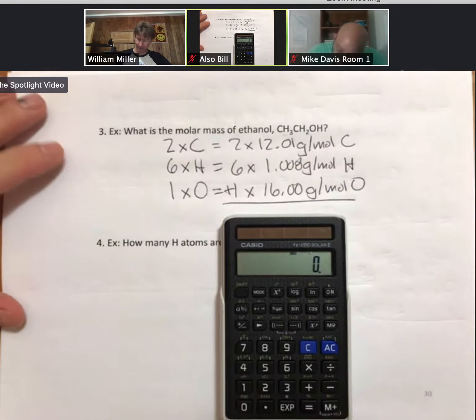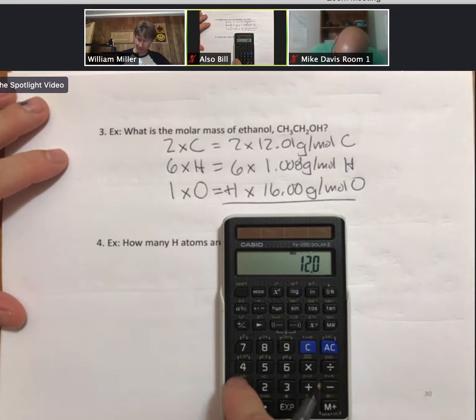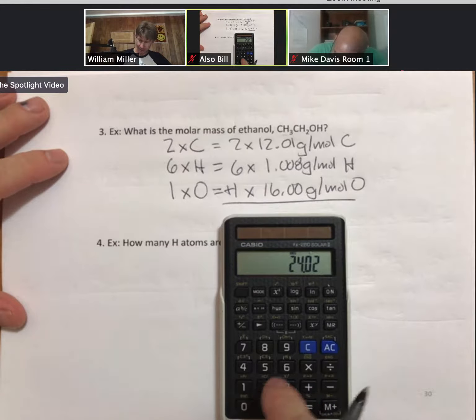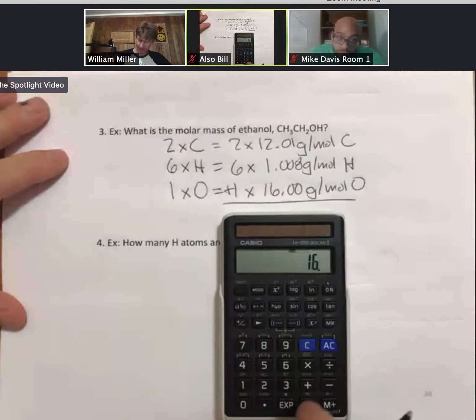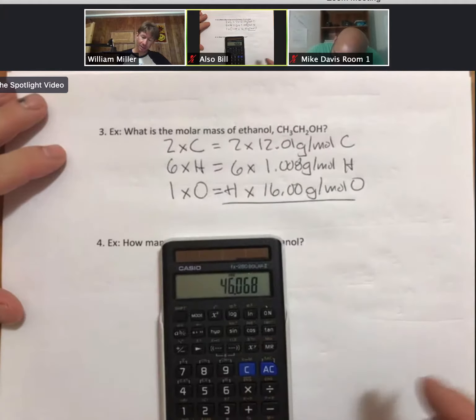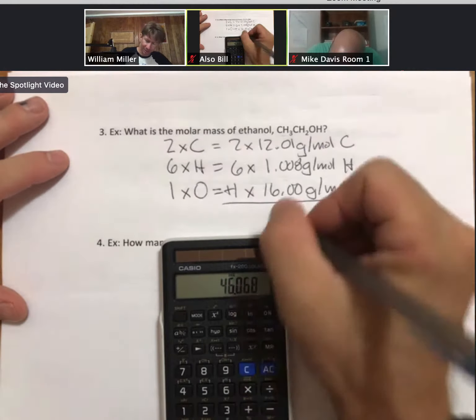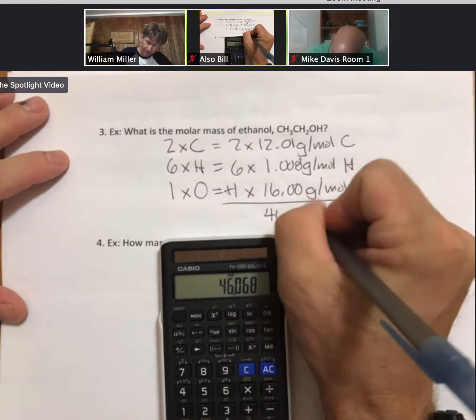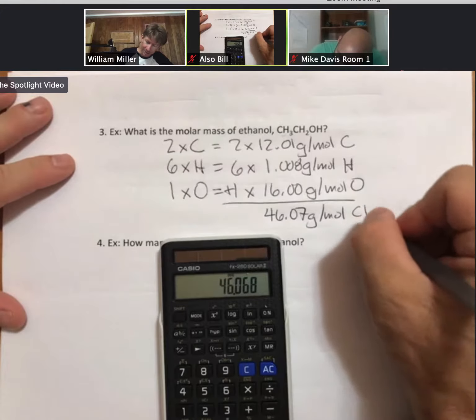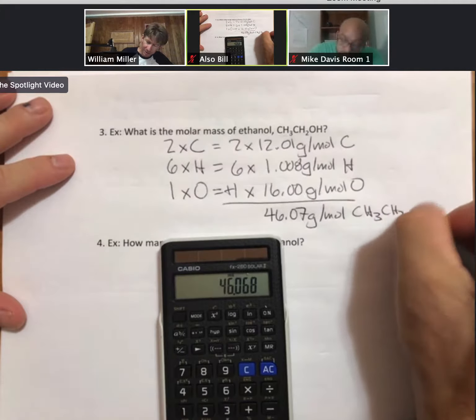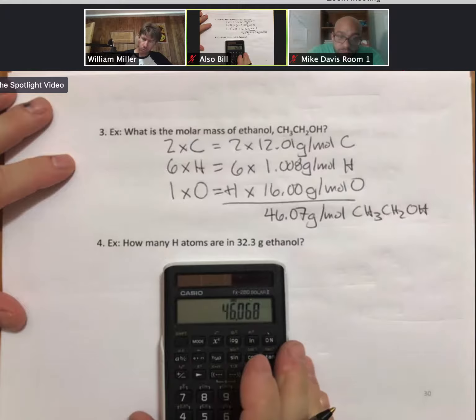If we add those up, I get 46.07 grams per mole, and you can list it as CH3CH2OH. Okay.